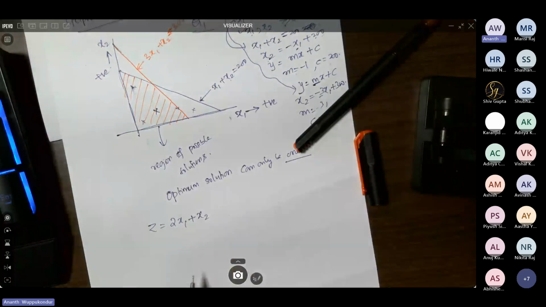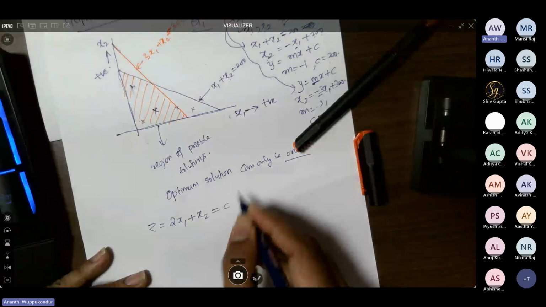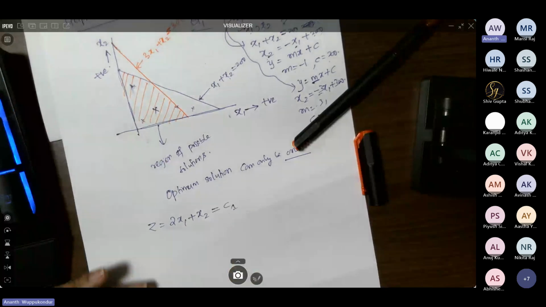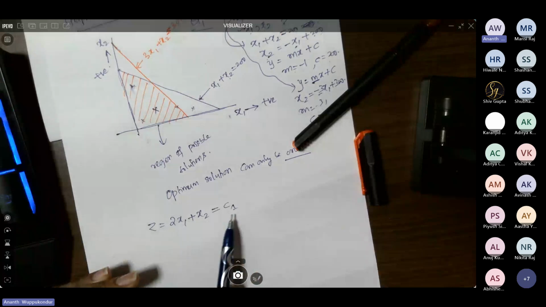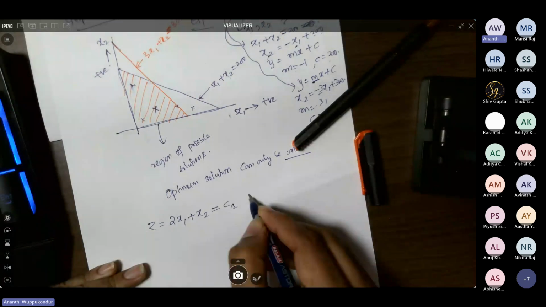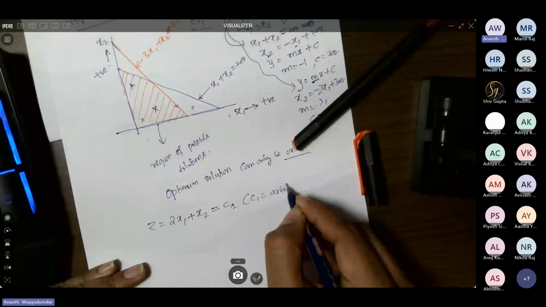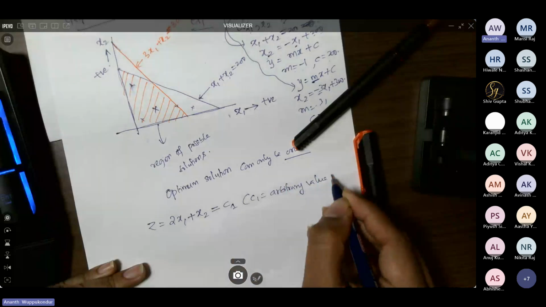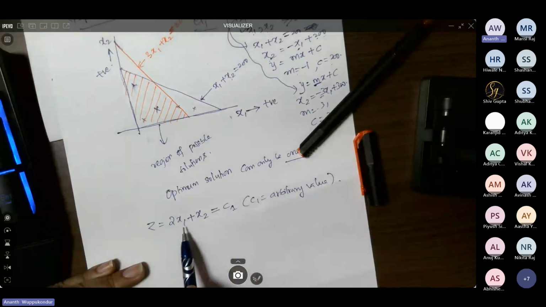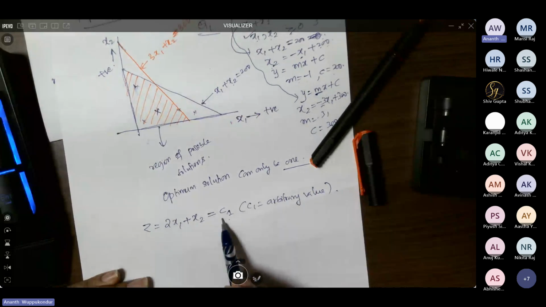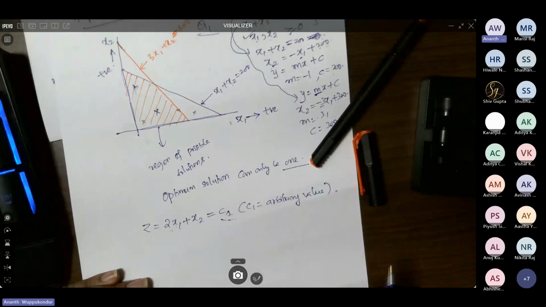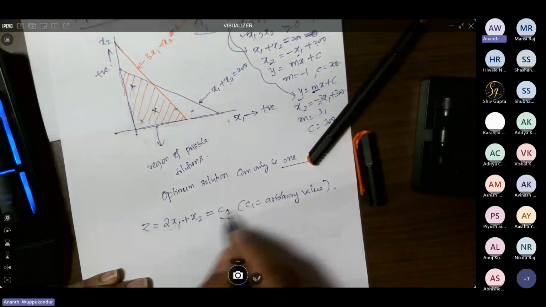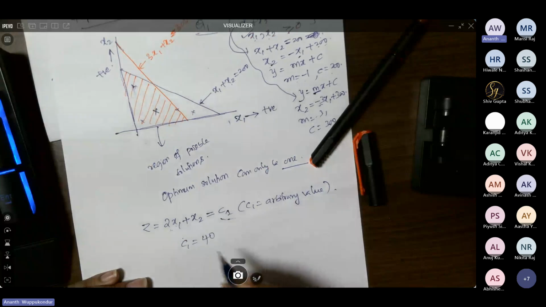Now let us say I equate it to some constant c1. So 2x1 plus x2 equals some arbitrary value c1, which is any arbitrary value that you can choose. We are trying to construct a line that represents the function 2x1 plus x2. Let us say I take this as 40.